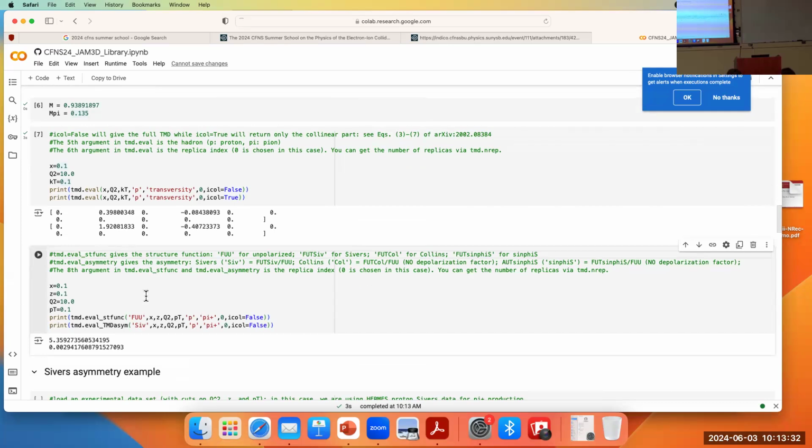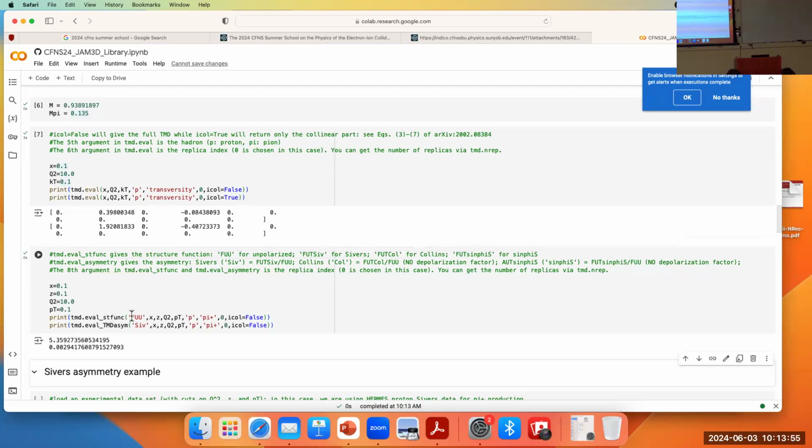Structure functions allow us to decompose the cross section in terms of angular modulations with respect to vectors such as transverse spin or longitudinal spin.